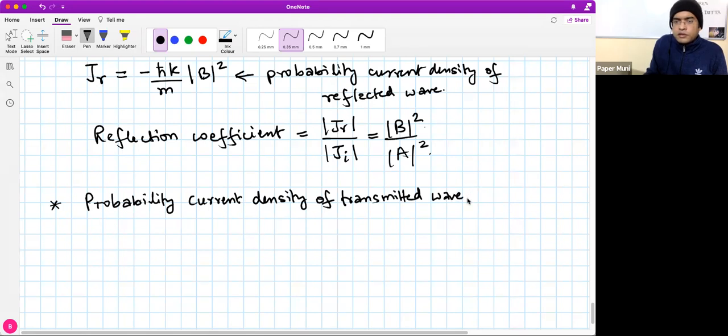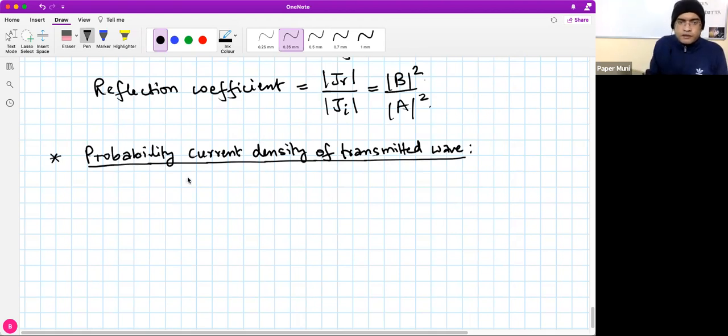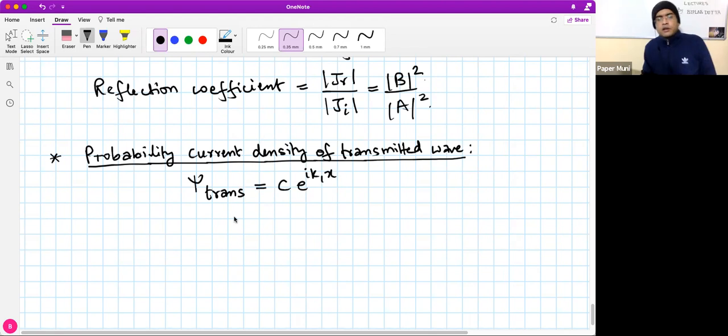All right, now this transmitted wave I'm writing as trans, C e^(iota k1 x).